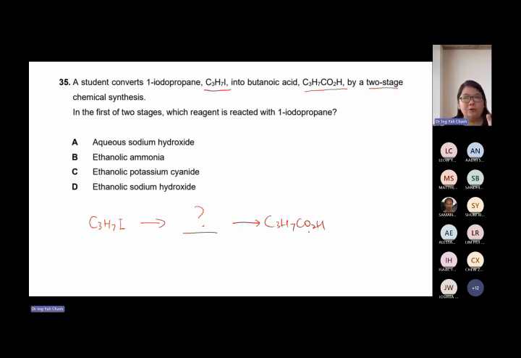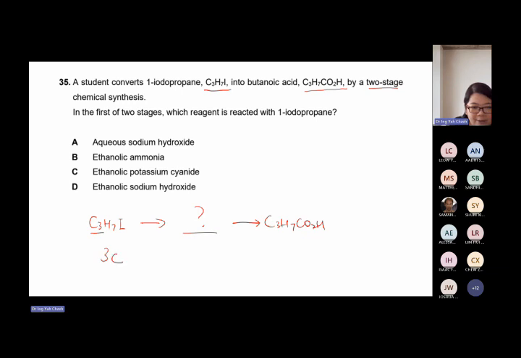Then that something is converted to butanoic acid. Now, usually with a 2-stage chemical synthesis like this, the first thing I do is count the number of carbon, because I realized that 2-stage syntheses really like to give you at least 1 extra carbon in the middle. You see here 3 carbon, no more carbon at the back.